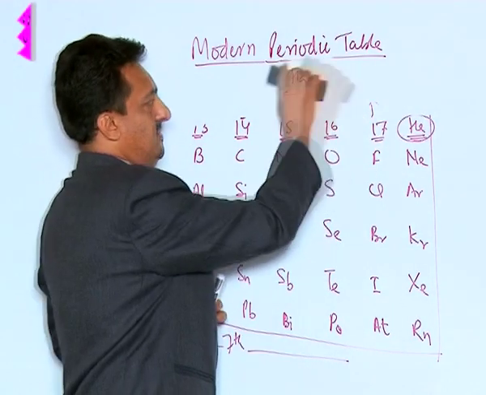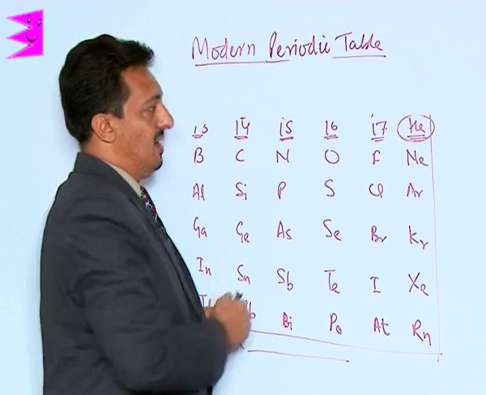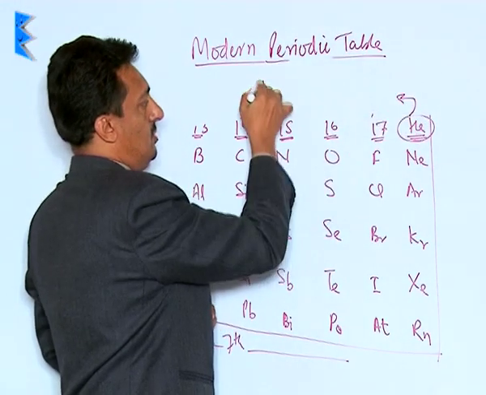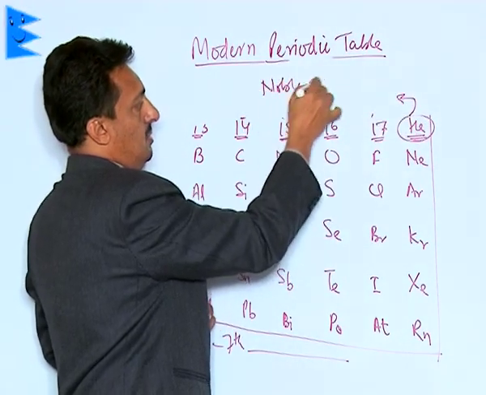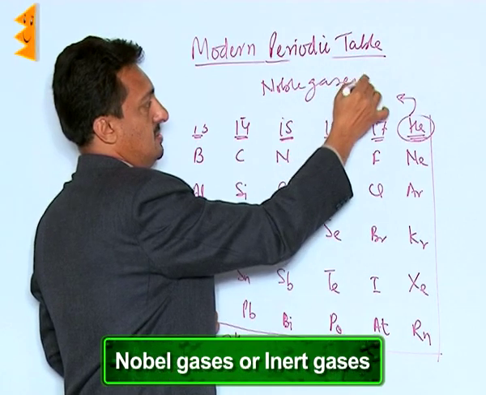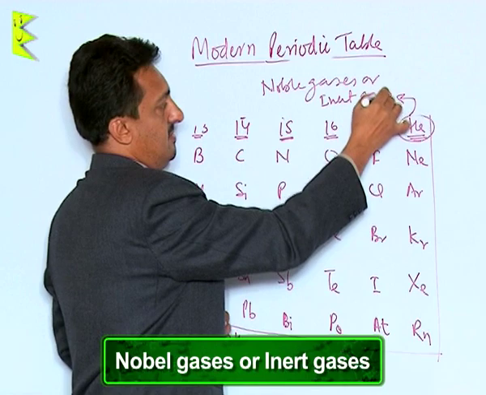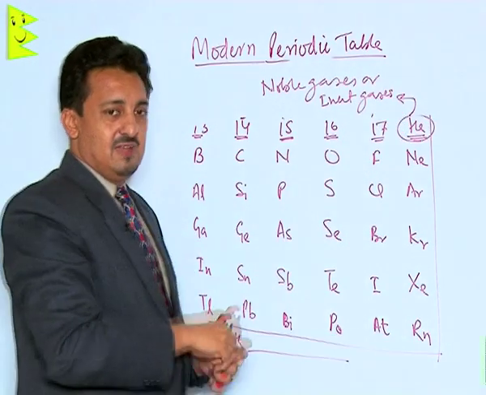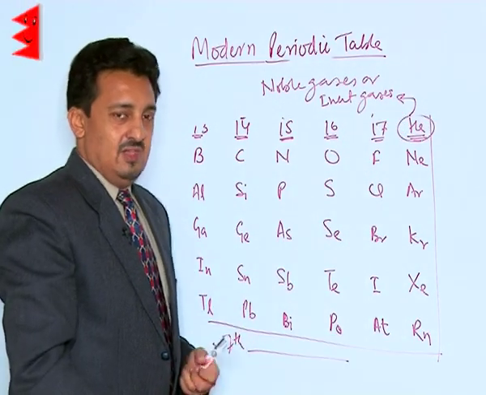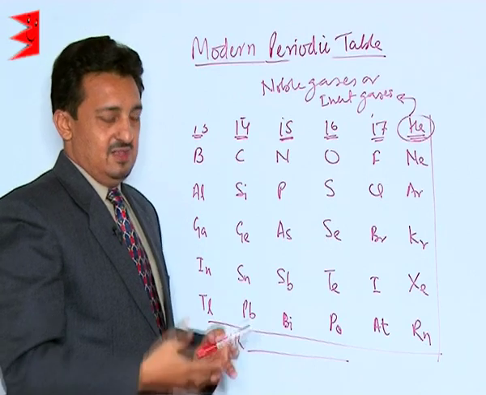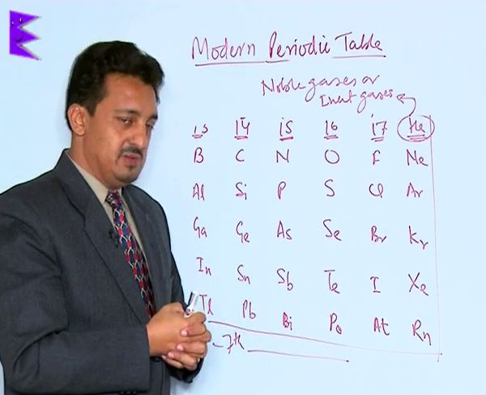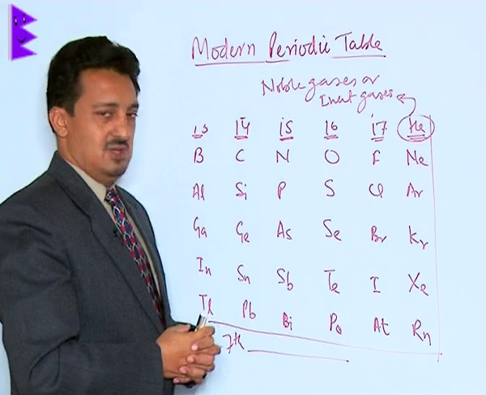The last group elements are called noble gases or inert gases, because they don't react with any other element and they always exist in their atomic states. They don't even combine with one another to form molecules. That's why they are called noble gases or inert gases.